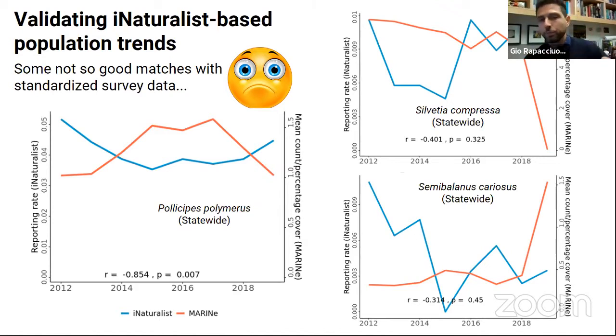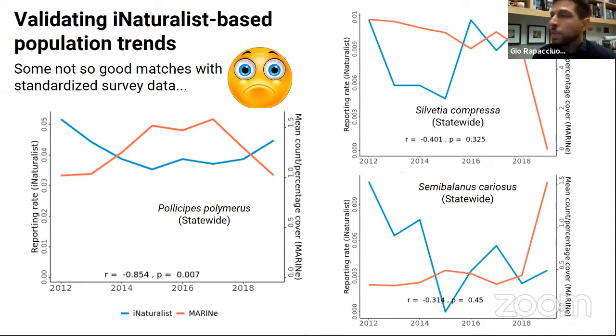And here, there are all sorts of reasons why we might not be getting good matches. And so we're trying to disentangle why that is, whether actually that's an unreliability in terms of a population trend from iNaturalist, or something going on in terms of the observation effort that's particular to this species or this region.